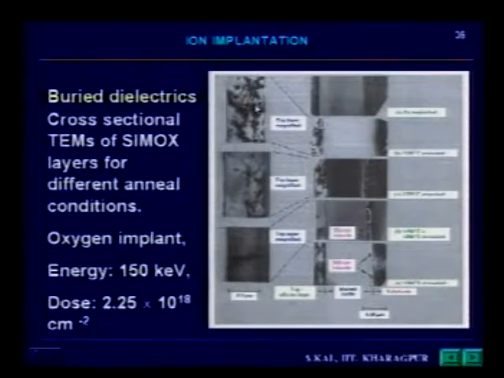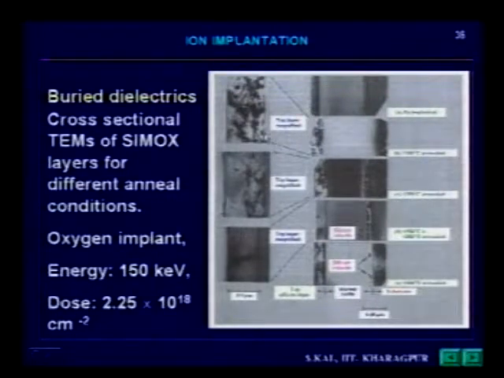Okay. Now you anneal at 1100 degrees centigrade, then this layer has increased. You see the thickness has increased. Earlier it was from this point to this point. Now it is from this point to this point. The thickness of the buried insulator has increased.